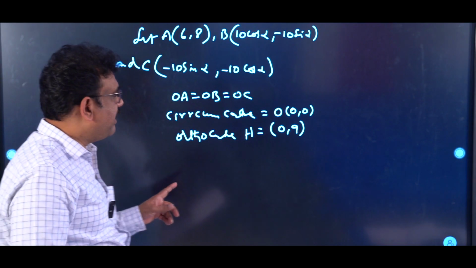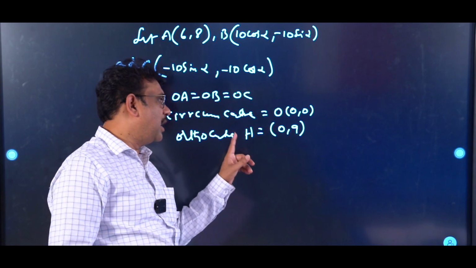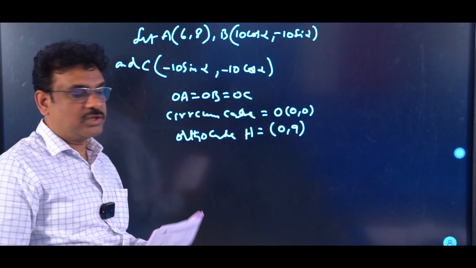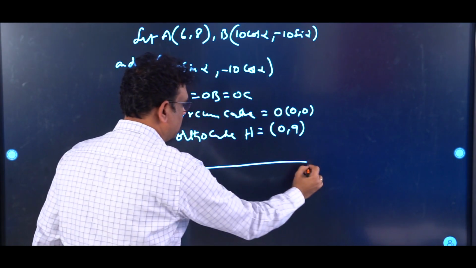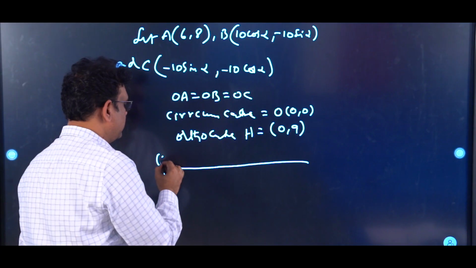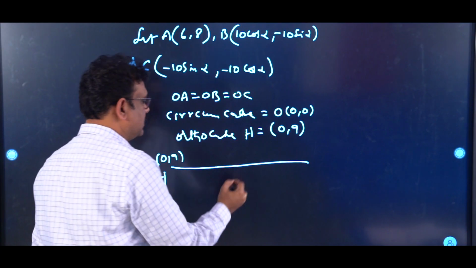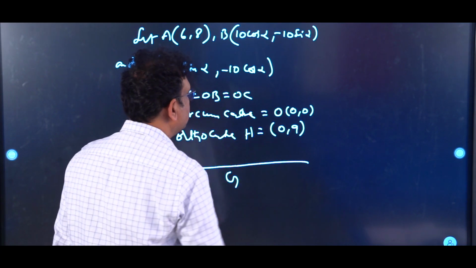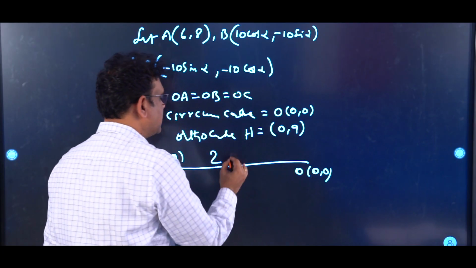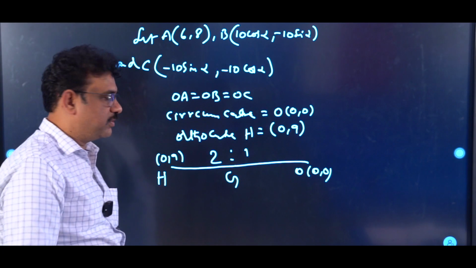So centroid divides the line joining orthocenter and circumcenter in 2:1. So that this is orthocenter H (0, 9). This is centroid. This is circumcenter (0, 0). Divides in 2:1 ratio.